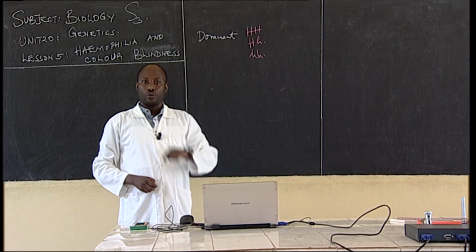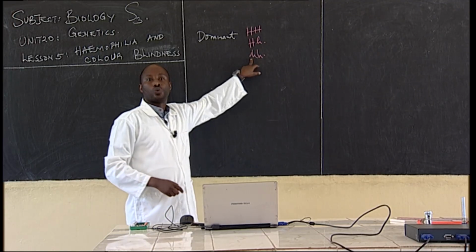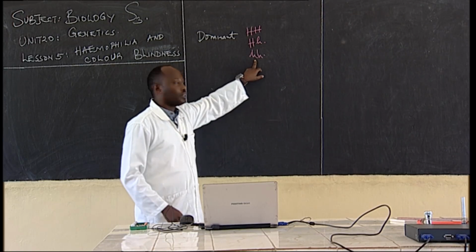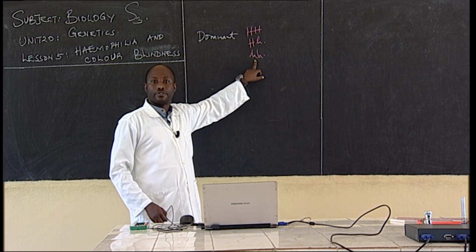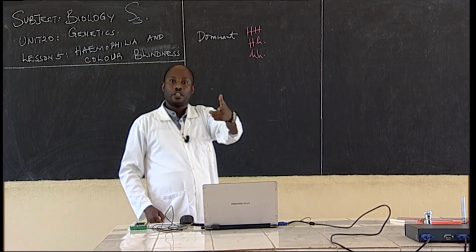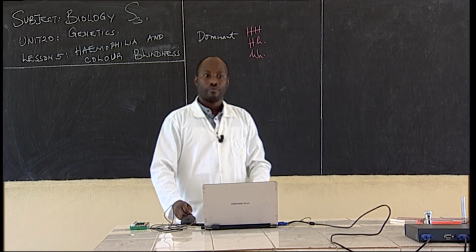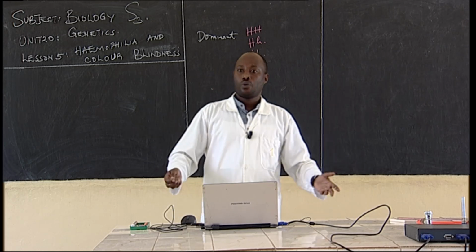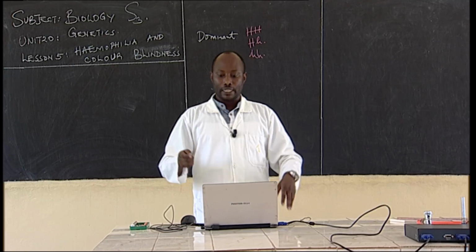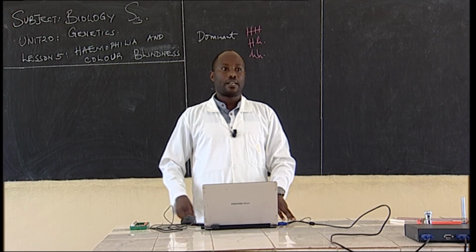They are identical, and here it is very easy to express itself in the phenotype. When it is homozygous recessive, the character of the clotting factor is easily expressed in the phenotype. It can't express itself when it is in a heterozygous state, or when a dominant allele is present. All right? Let's have the diagram now.